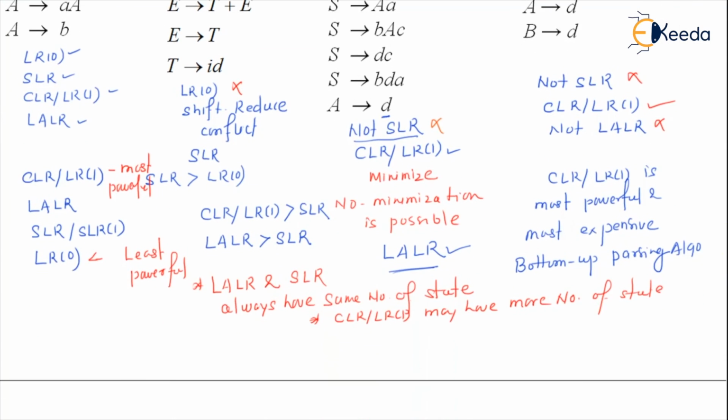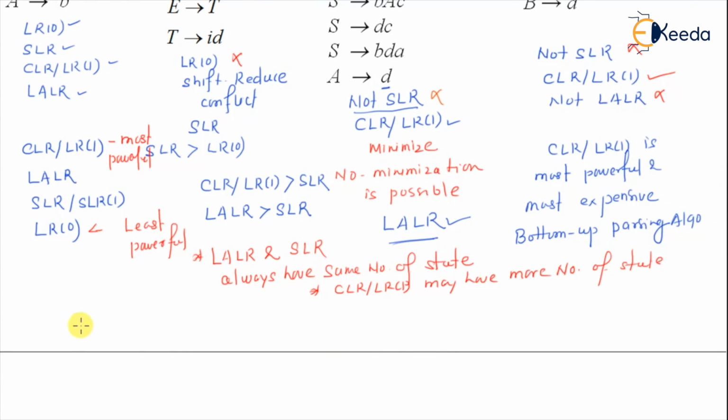The last conclusion is this: LL1 is a proper subset of LR1. Now this is about the class of grammar. Let me summarize this as a statement.